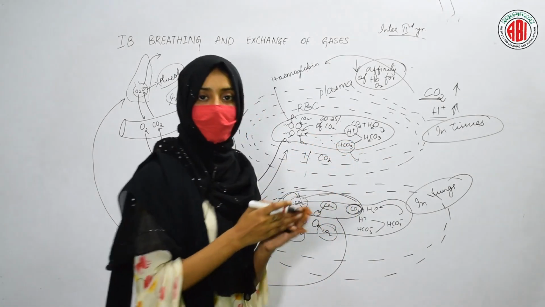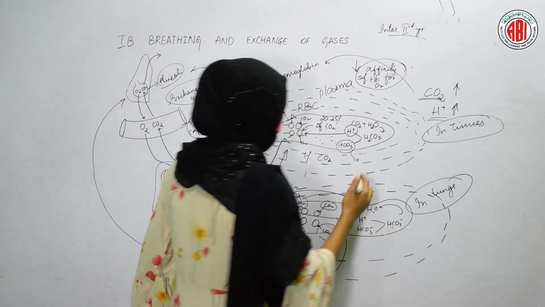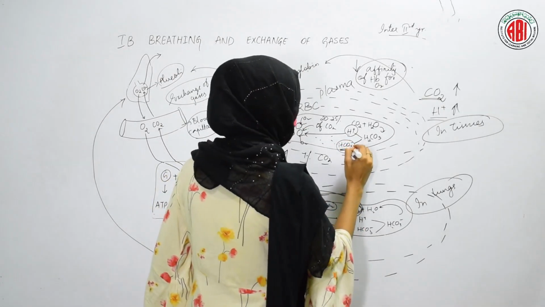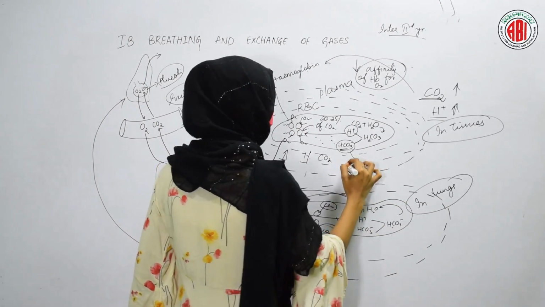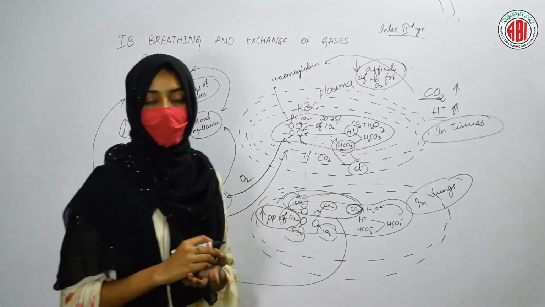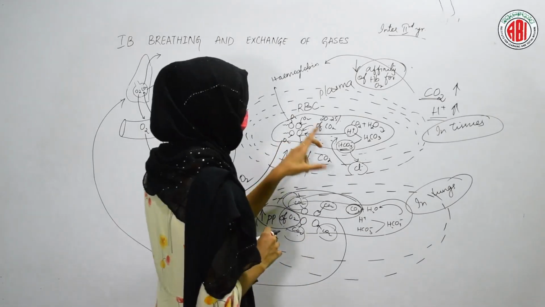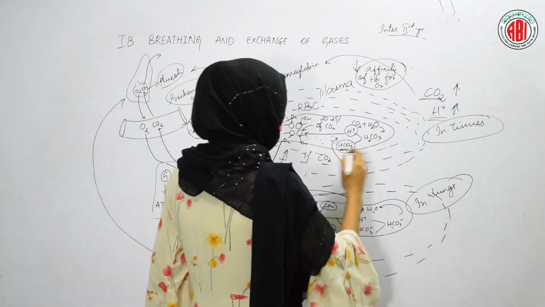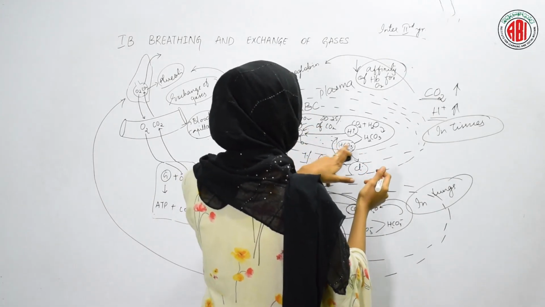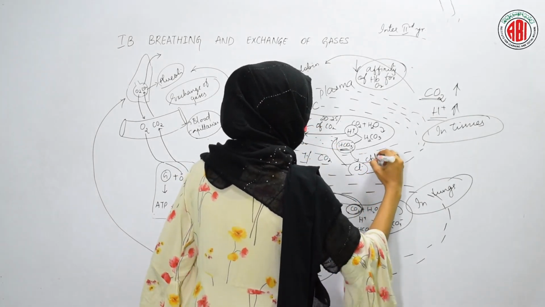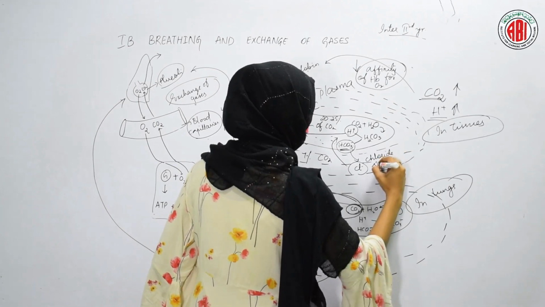When they enter into the plasma of the blood, instead of these HCO3 negative ions, some chloride ions present in the plasma enter into the cells. They move into the cytoplasm of the cell. So this entering of chloride ions with the removal of HCO3 negative ions is called the chloride shift.